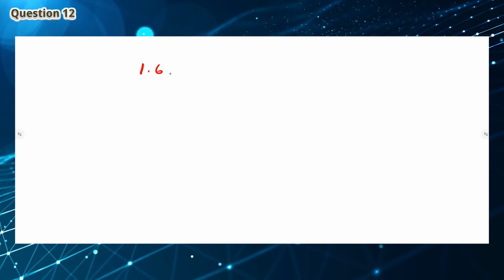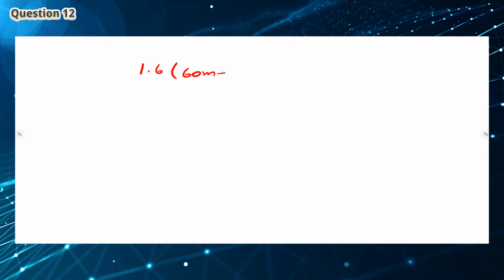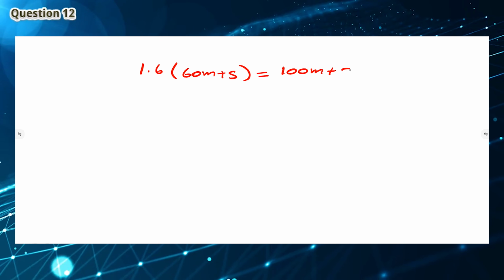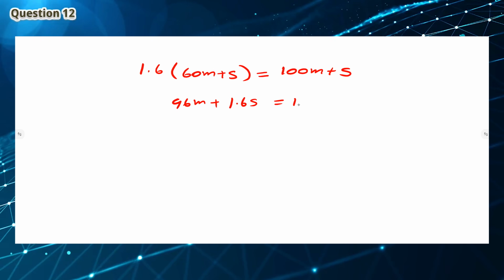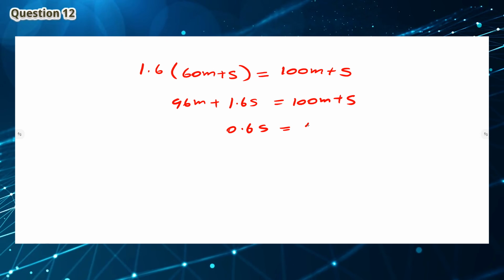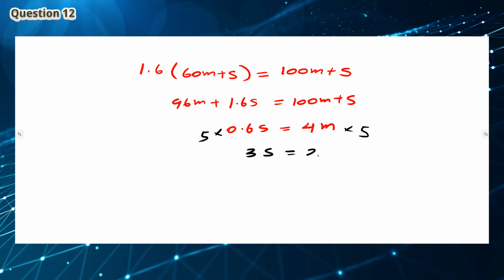Suppose that the number of minutes is m, and the number of seconds is s. Then the conditions of the problem imply that 1.6 times 60m plus s is equal to 100m plus s. And also, 96m plus 1.6s is equal to 100m plus s. We also get that 3s is equal to 20m.